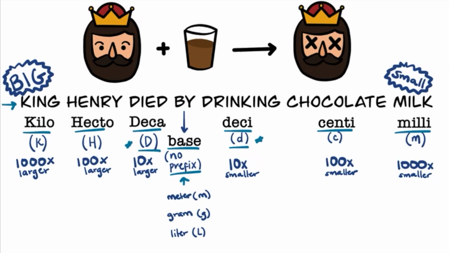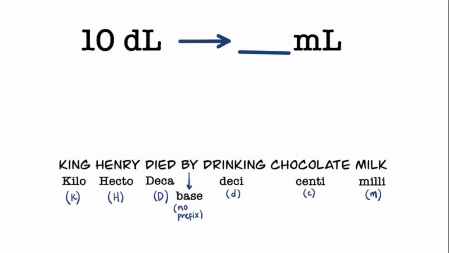This mnemonic will help us know how many decimal places to move either left or right in order to convert between two metric units. For example, say we want to convert 10 deciliters into milliliters. We simply circle where we are starting in the series. In this case, this will be at the deci mark.